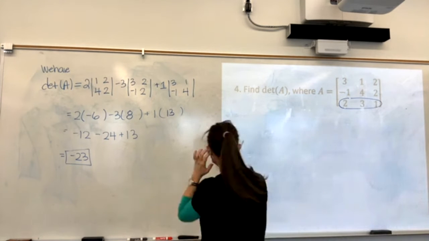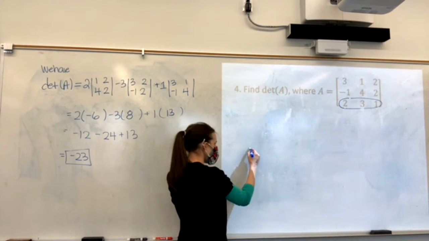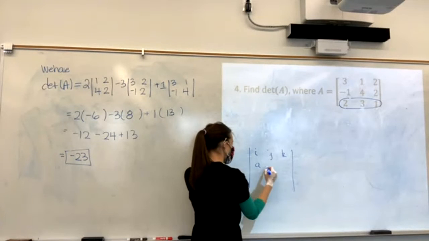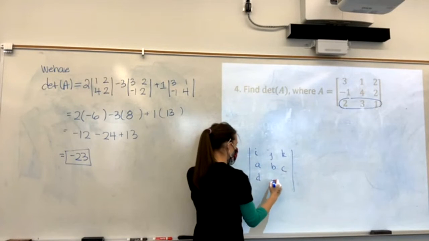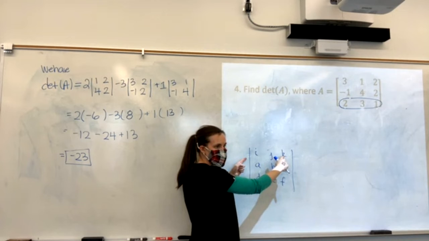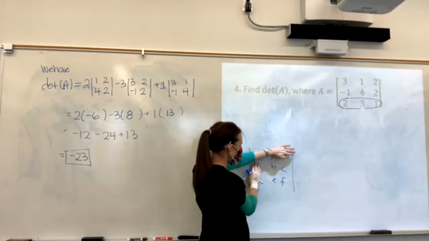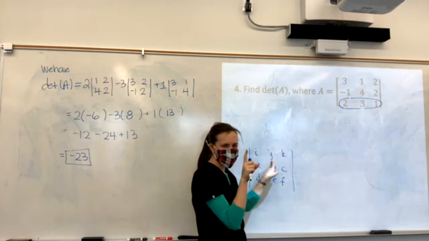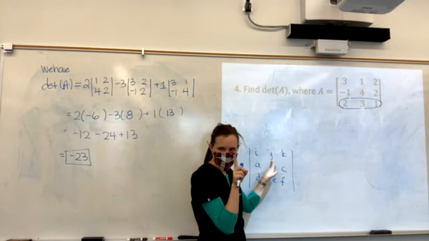As a cute little reminder, remember your cross product from back in the day. Remember you expand along the first row: I times BF minus CE. There was always that really annoying minus J, right?